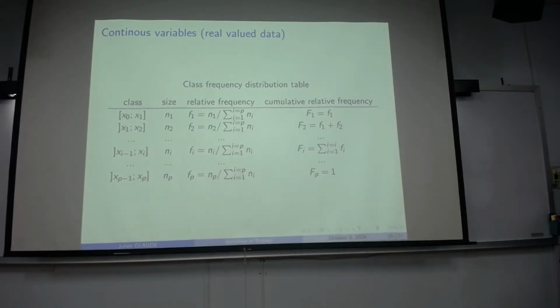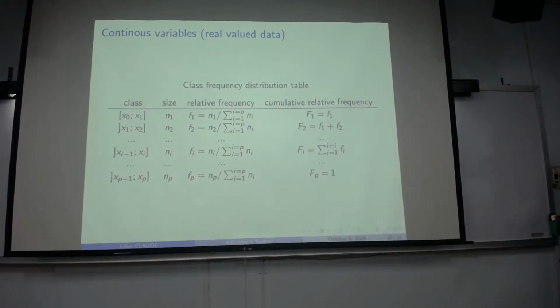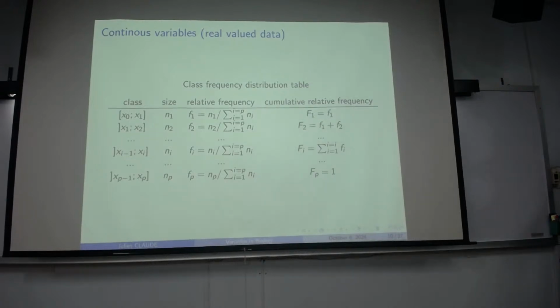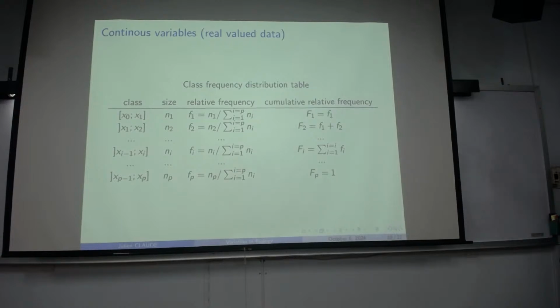If the smallest person in the room, for instance, is 1.5 meters, and the biggest one is 1.9 meters, I can make 4 classes: 1.5 to 1.6, 1.6 to 1.7, 1.7 to 1.8, 1.8 to 1.9. And I can count in every class the number of observations I have. It's a convenient way, because if I take all the values, my table will be too long. It will not be a good summary.